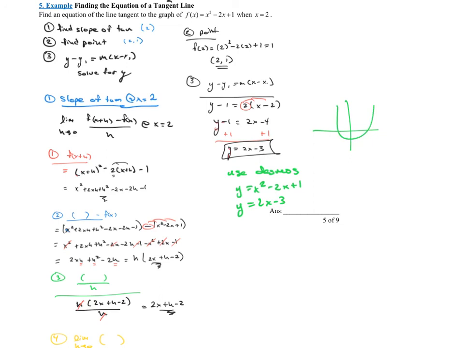But here's going to be your point, 2, 1. And then you should see the graph of your tangent line, something like that right there. You should see they go through the same point, and the slope of the red line should be the same thing as the slope of the green line at that point. That's what we just did.